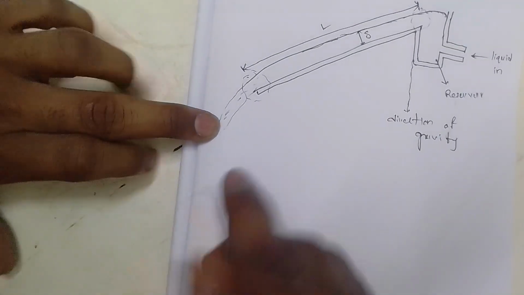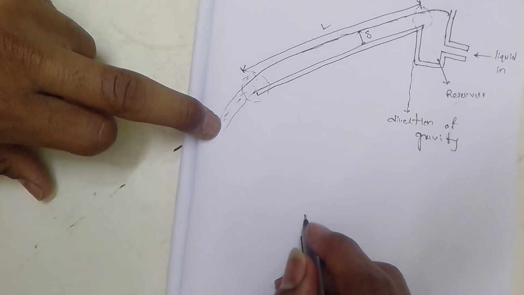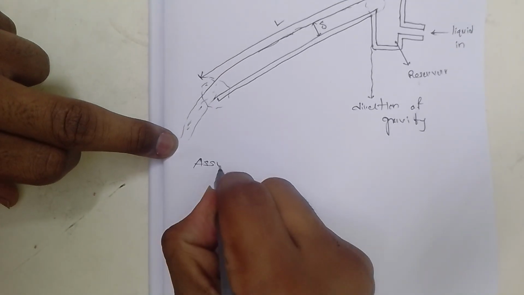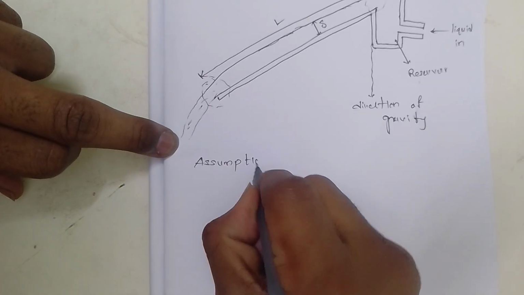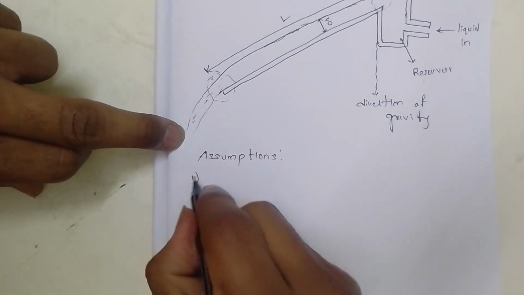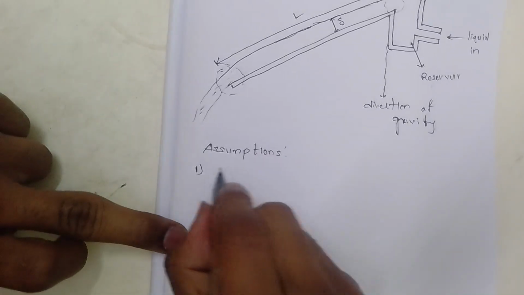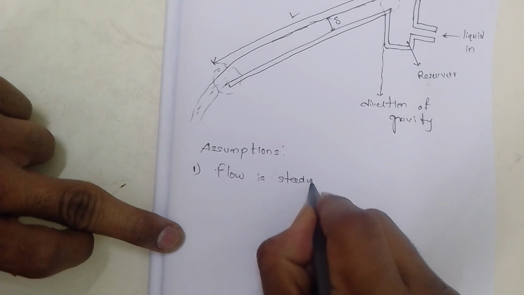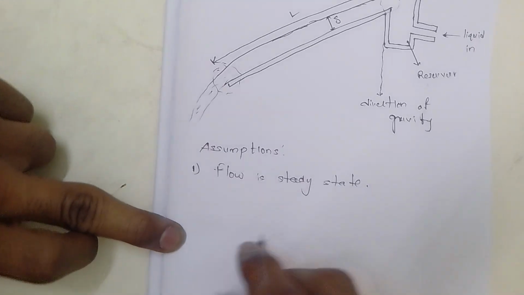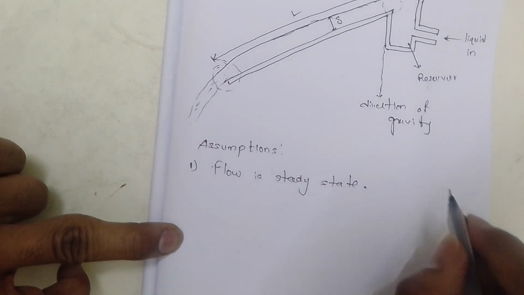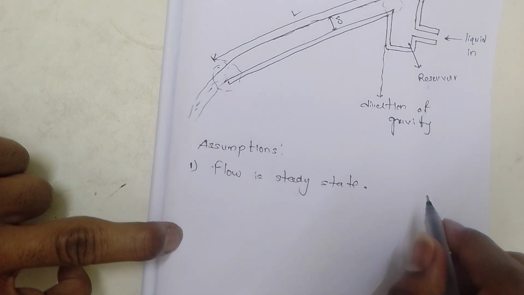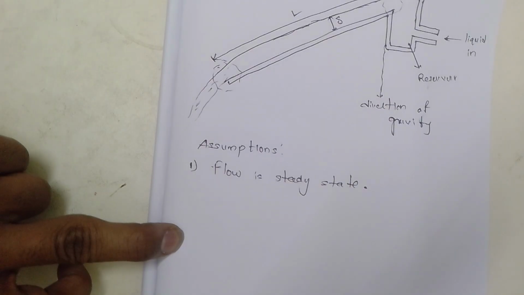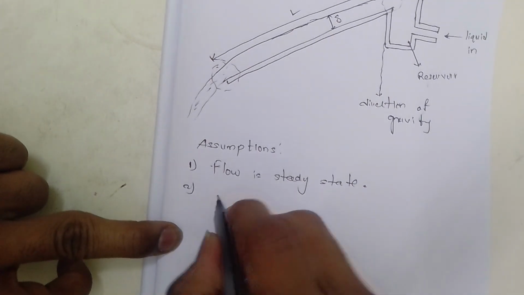So let's make some assumptions to make this problem simpler. The first assumption is that the flow is steady state. By steady state we mean that velocity does not change with time at every point of the flow. The second assumption is that the flow is laminar.